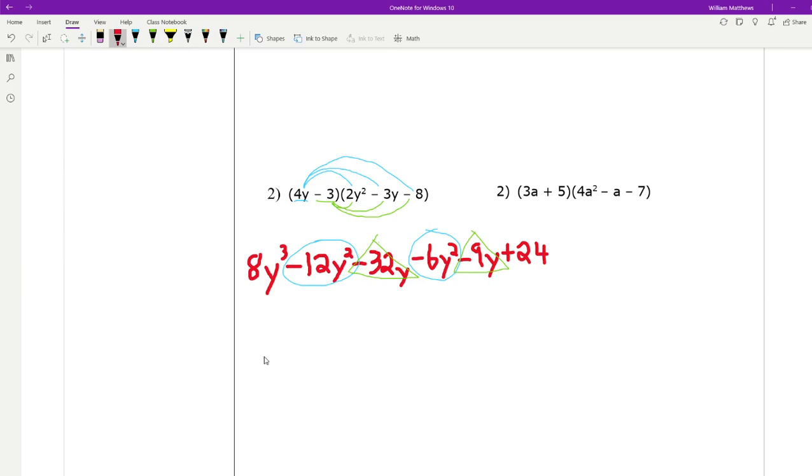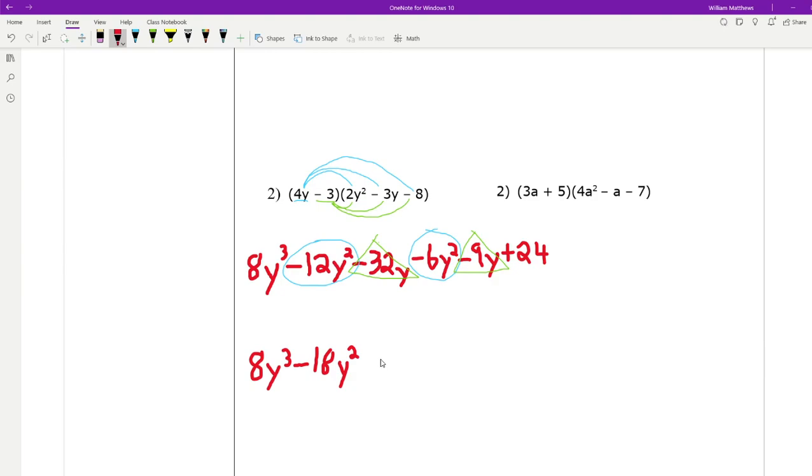The 8y cubed stays 8y cubed. There's nothing to combine with it. My y squared shows a negative 12y squared and negative 6y squared. This will give me a negative 18y squared. Next would be our y's.